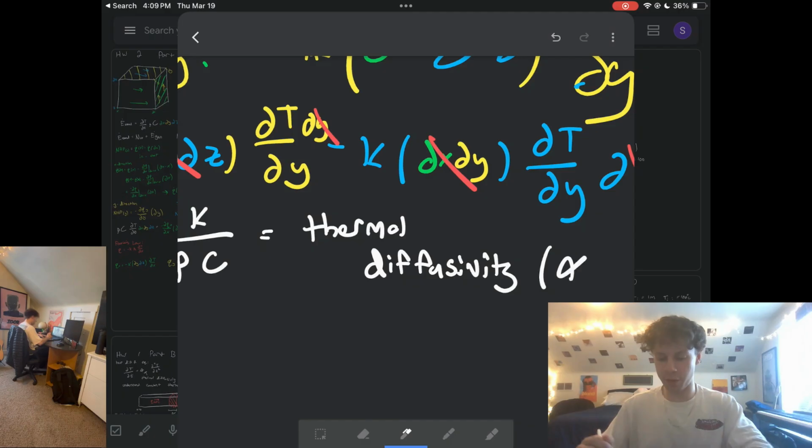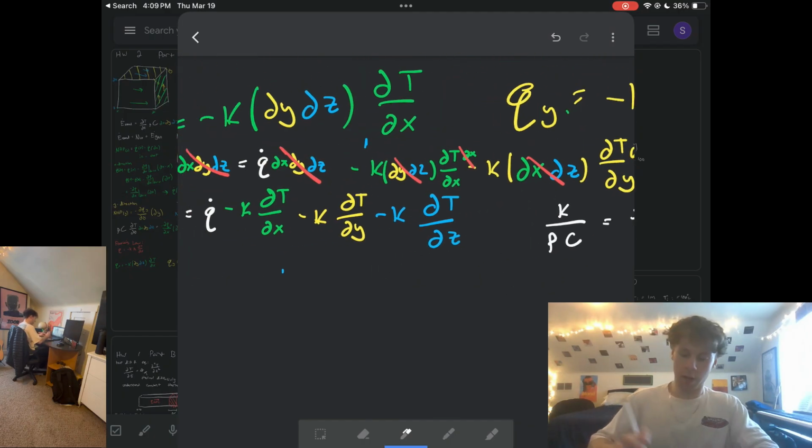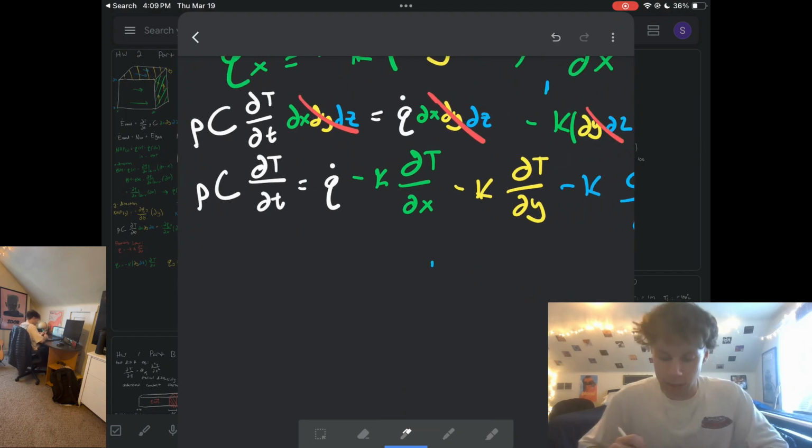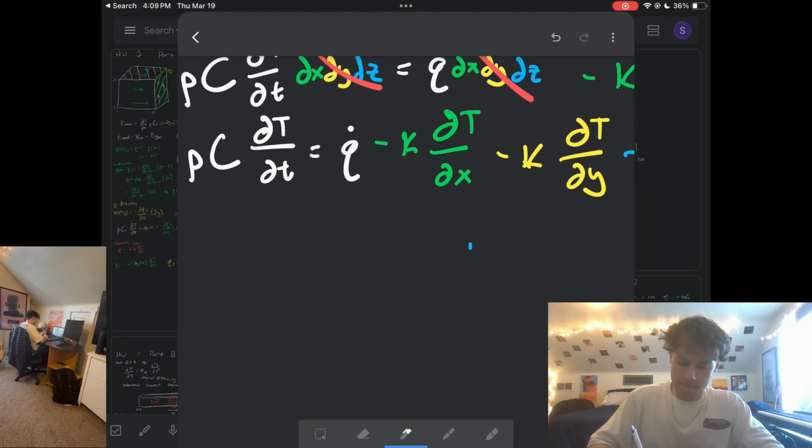So to simplify this equation further, we'll divide both sides by our rho c. So we'll get change in temperature with respect to time is equal to our heat flow divided by rho c.